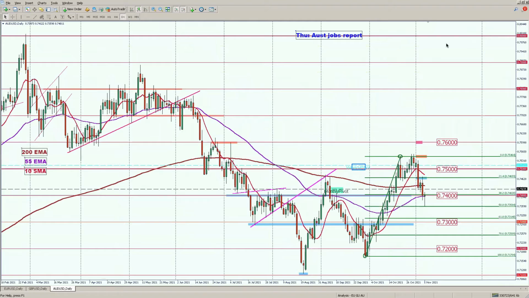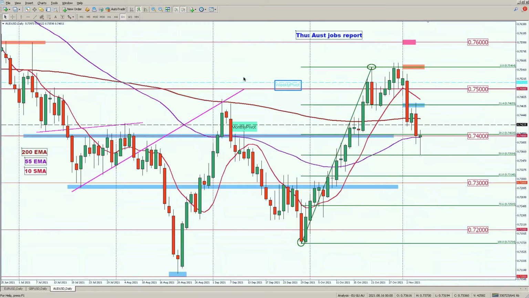the Aussie dollar. The RBA announced on Tuesday, that was earlier for the Australian side, that they will not make any changes. They'll wait and see, even in their tapering.